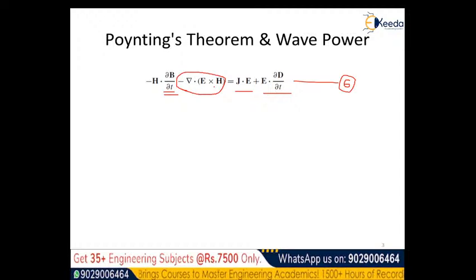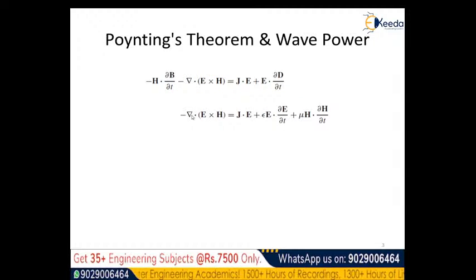So the modified form of the same equation we can also represent here, so that it is negation of the scalar product with the vector operator del and the bracket that has E bar cross of H, that is equal to J dot E added by, here we have epsilon E dot del E by del T added by mu times H dot product with del H by del T here.